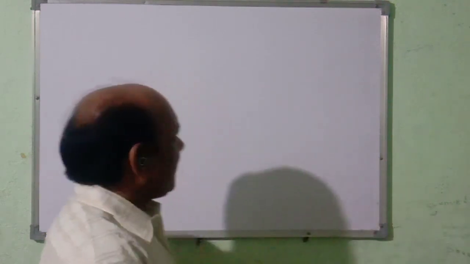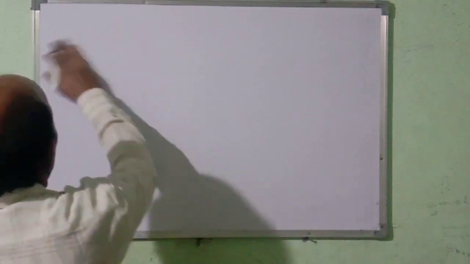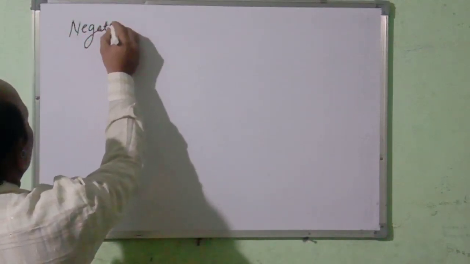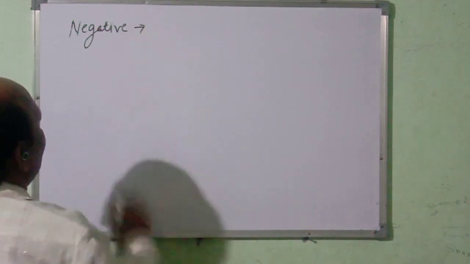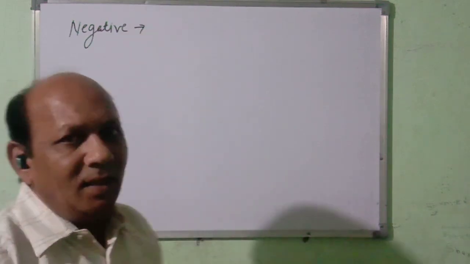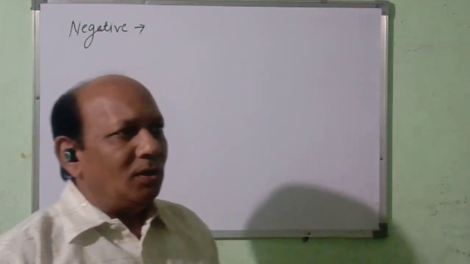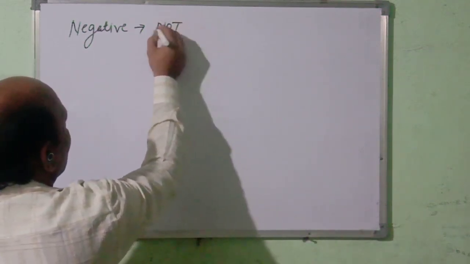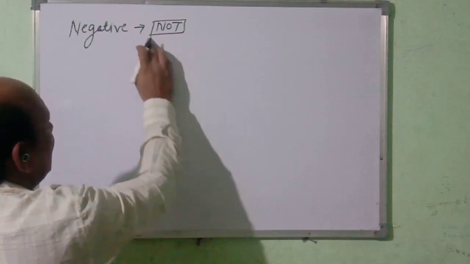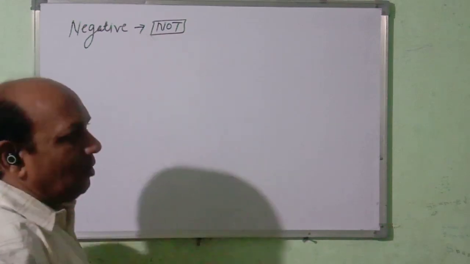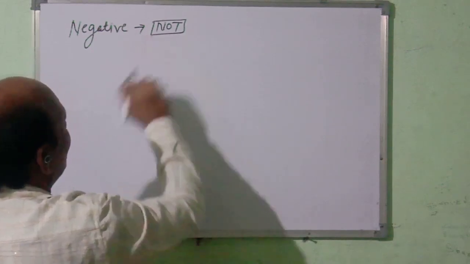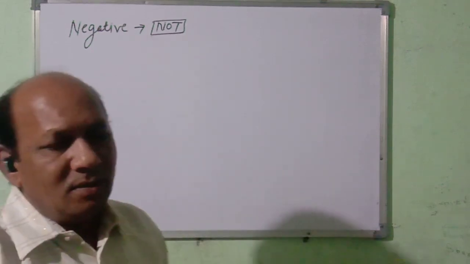First, we are going to discuss the negative sentence. For creating the negative sentence, we have to use one word, that is "not". Not is a negative sense word.